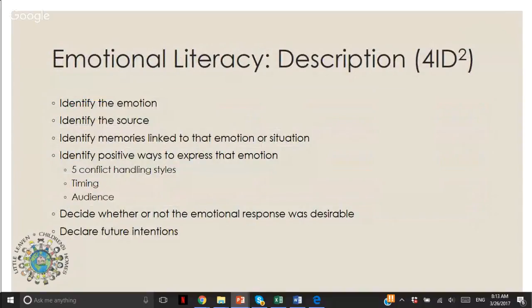And the third part is description, and this is when you actually say, okay, look, you identify your emotion. Okay, I'm angry. Identify the source of the emotion. I'm angry because you were looking at that woman's parts.